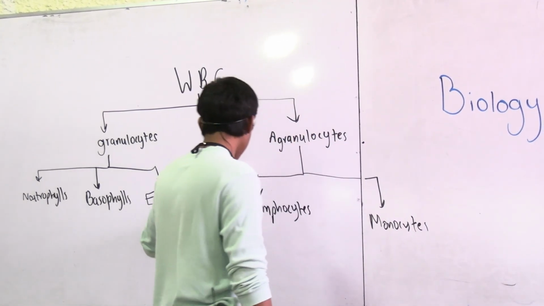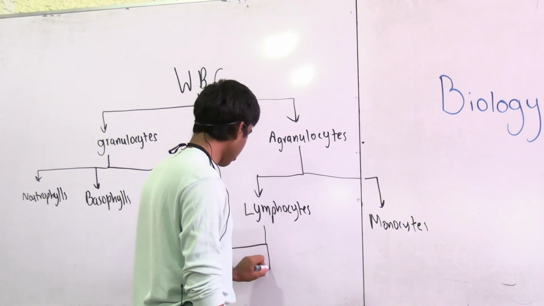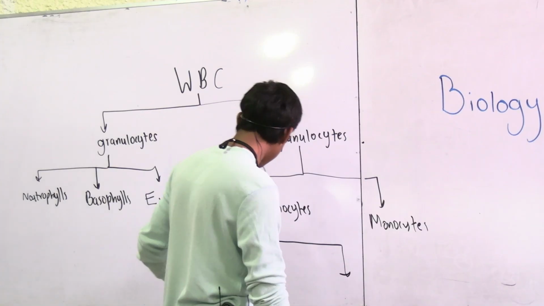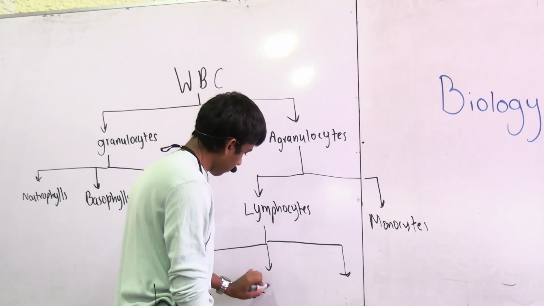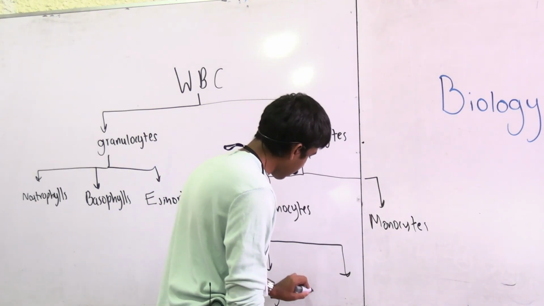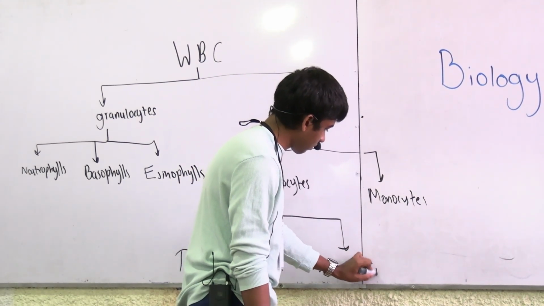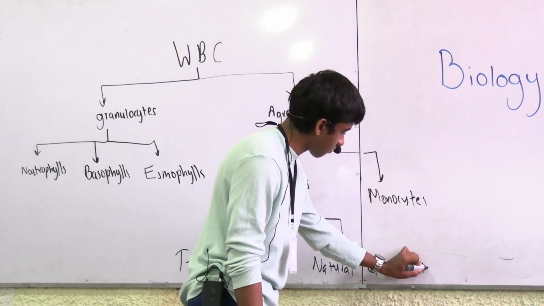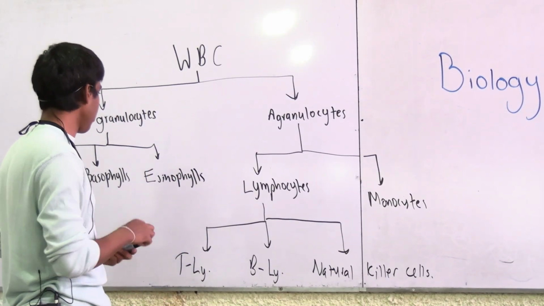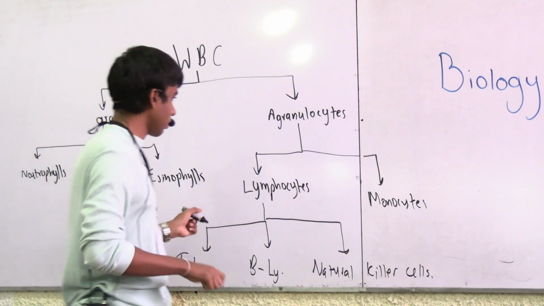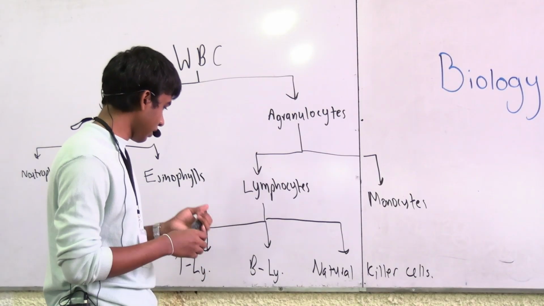Now lymphocytes we can categorize further. There are 3 types of lymphocytes: T lymphocyte, B lymphocyte, and natural killer cells. Again in A level you will learn further about these lymphocytes, T lymphocytes and B lymphocytes.